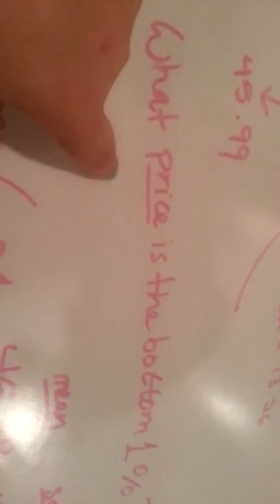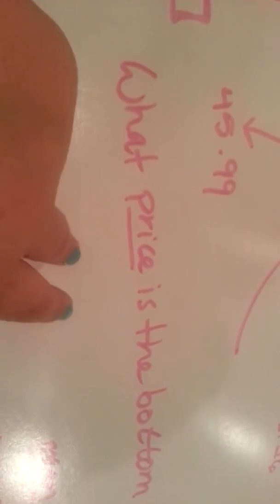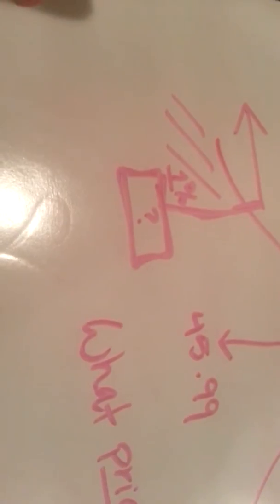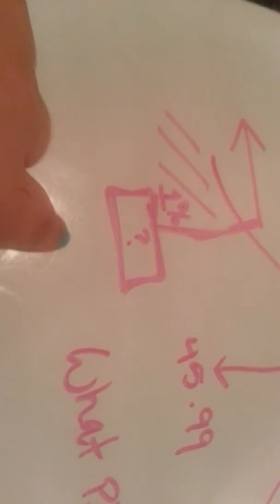So this question asks what price, and it could be anything in this, it's not only for price, obviously, so that's why I underlined it. But anyway, what price is the bottom 1%? So you really want to know what number here would be the cutoff for where it's 1% of the entire 100%. So you really want to find what price is that. So how you do that is really easy. You go to inverse norm, and we'll show it on a calculator.